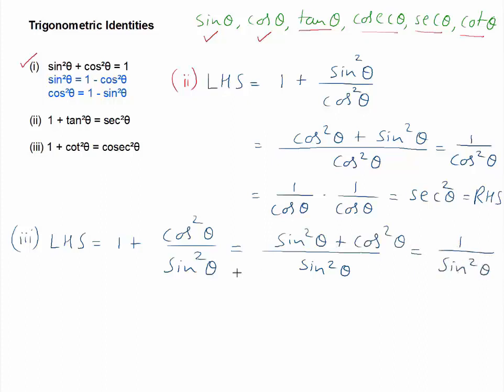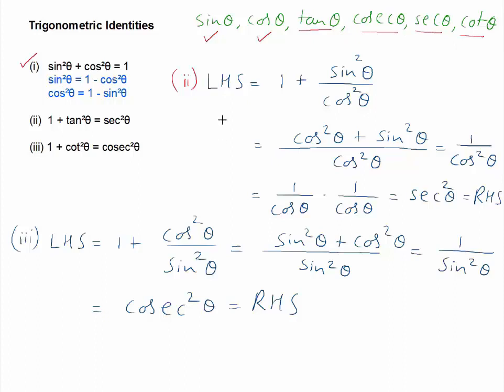Now 1 by sin theta is cosec theta, so 1 by sin square theta will be cosec square theta, which is RHS, and hence proved. So we can prove most of the identities just by using this formula, if we make a rule of converting all these four trigonometric ratios into sine and cos.